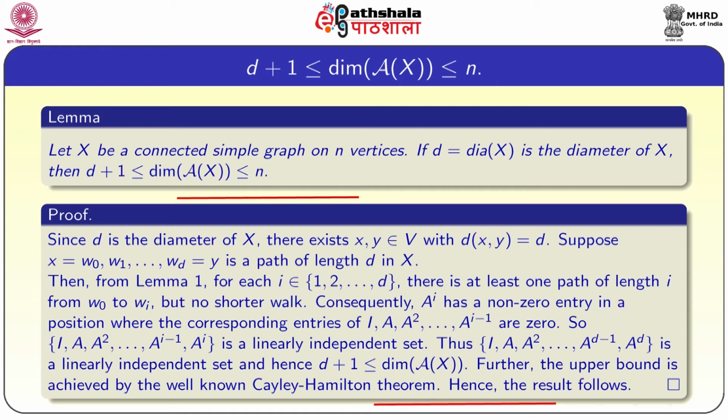Thus, I, A, A squared, and so on, A^(D-1), A^D is a linearly independent set. Hence, D plus 1 is less than or equal to the dimension of A(X). Further, the upper bound is achieved by the well known Cayley-Hamilton theorem. Hence, the result follows. As we know, by the Cayley-Hamilton theorem, the maximum number of eigenvalues is n only. So, we have the result.